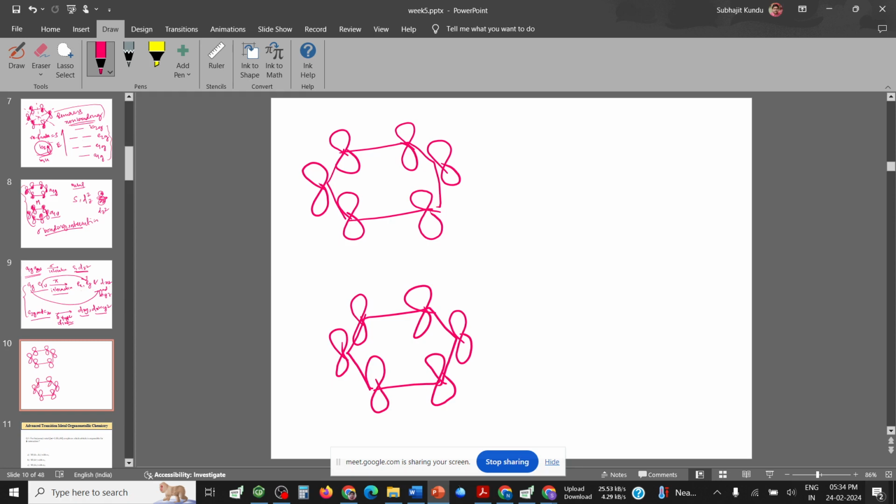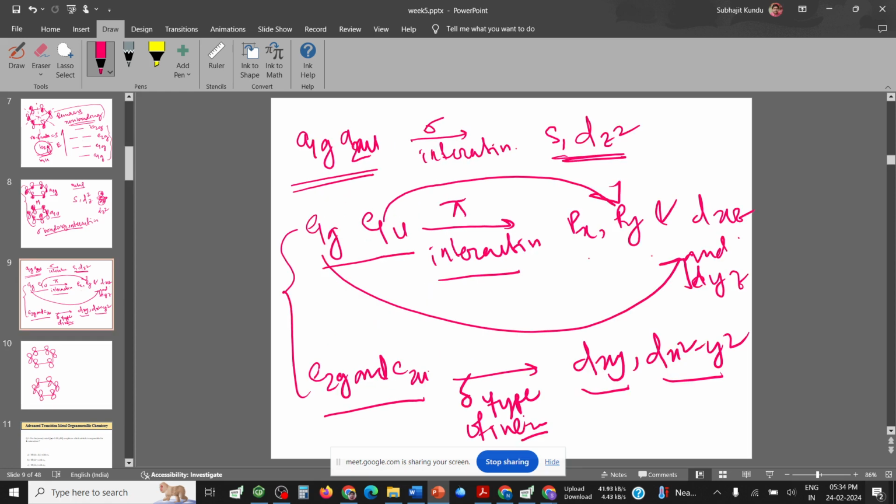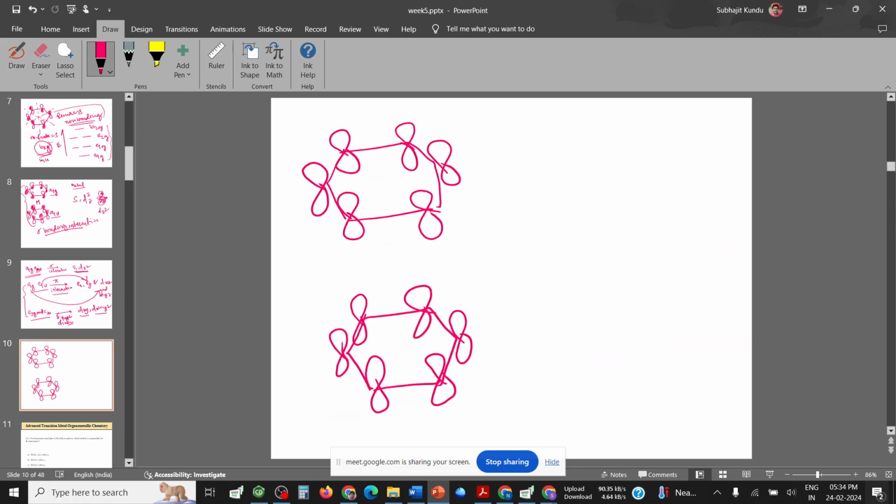So for this, like E2G, we have two nodes. One combination I have already told, through the bond. So if the node is like this, then the bonding will be here this way.